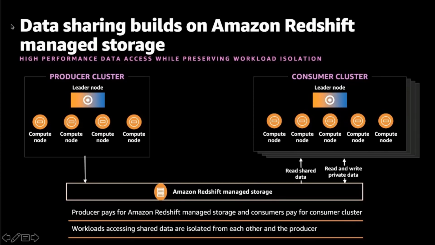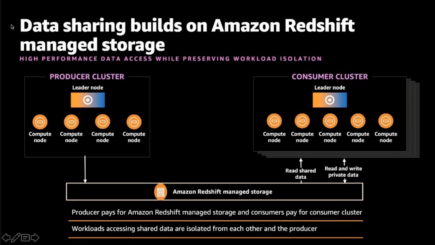So you can scale beyond the cluster to tens of petabytes of data in a very seamless fashion using the Redshift managed storage. We launched the RA3 in 2019. So we have a widely adopted customer base for RA3, which again is our next generation instance types. So data sharing builds on RA3 and the managed storage layer.